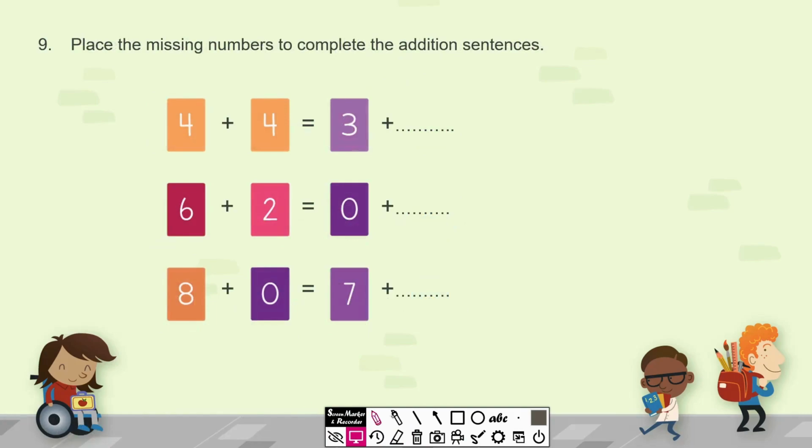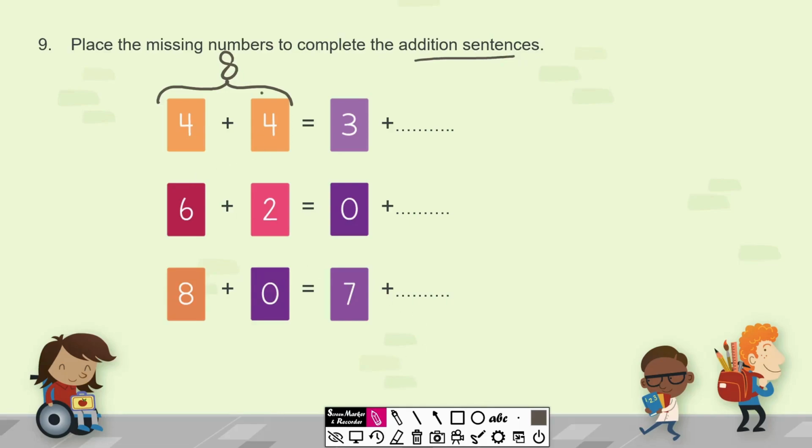Okay. Place the missing numbers to complete the addition sentences. Okay. So, 4 plus 4 is equal to, addition of these two is equal to 8. Very good. Now you all are getting a little quicker. Right? Let's do quickly.